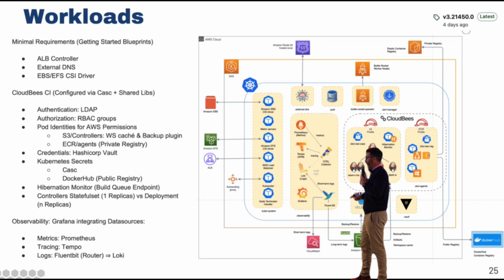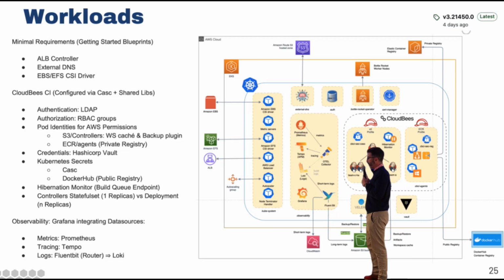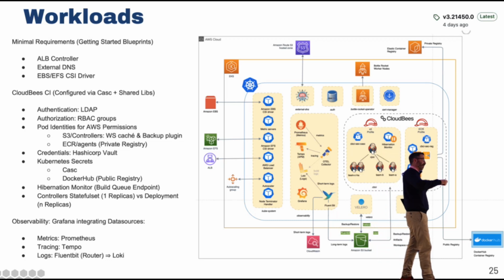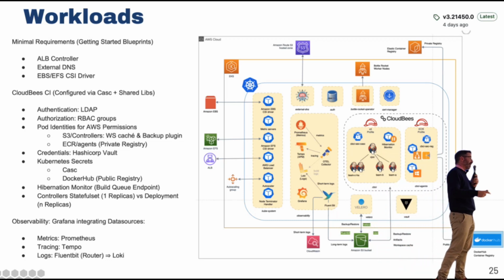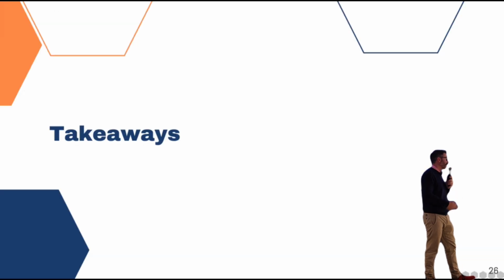Logs is disabled in this case. Fluent Bit is responsible for sending logs to Loki. Grafana is the component connected to all those data sources, and you can explore that data. Alternatively, data is also sent to CloudWatch.